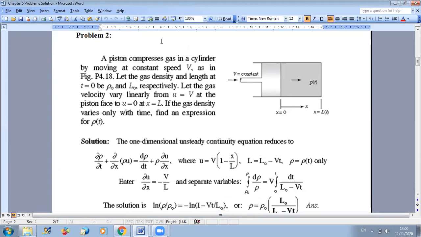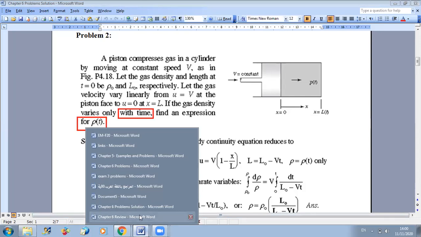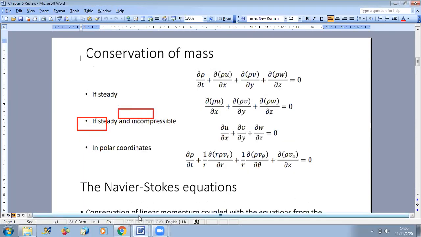So first, here it's unsteady because they said already that we have variation with time. Okay, and we want to find rho function of time. So of course we should think about continuity because continuity involves variation of rho with respect to t. So if I go back to my formula sheet and I look at the relation I should use, what relation should I use?